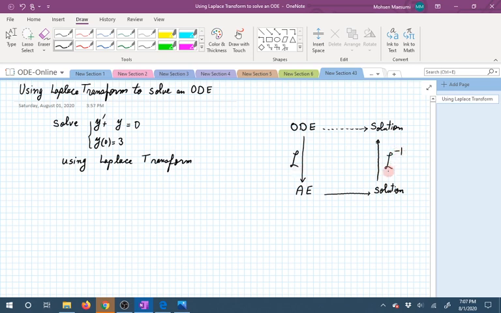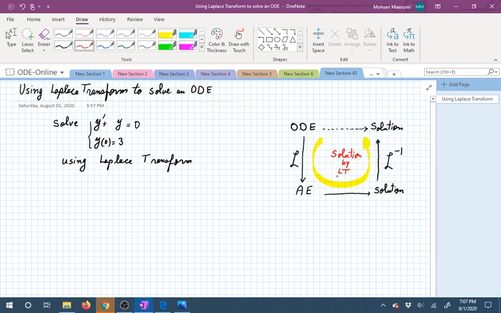These two typically are done by table lookup, and the whole approach that we take by taking this detour to go from ODE to its solution, we said that is called solution by Laplace transform. That is what we are going to be practicing today. Solution by Laplace transform is the topic of lecture.